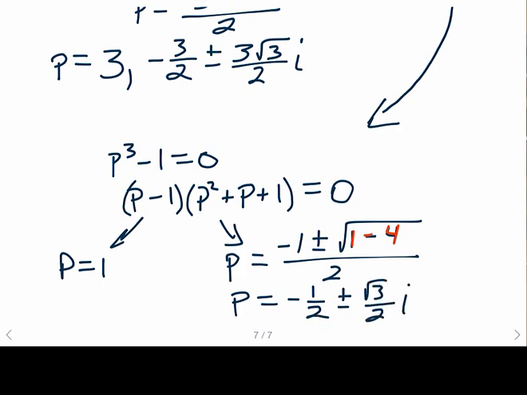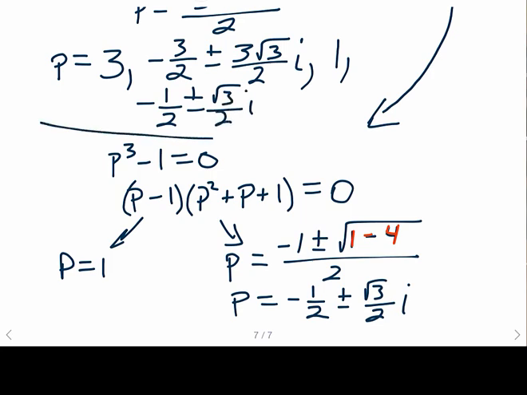Now let me wrap up all of these answers in a nice tidy form. We had already p equals 3 and negative 3/2 plus or minus 3 square root of 3 over 2 times i. To that we're going to throw in 1 and then negative 1/2 plus or minus the square root of 3 over 2 times i.